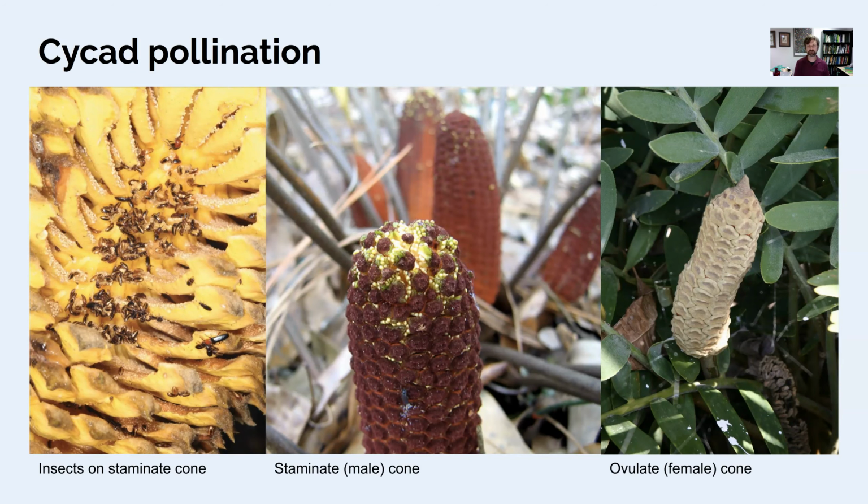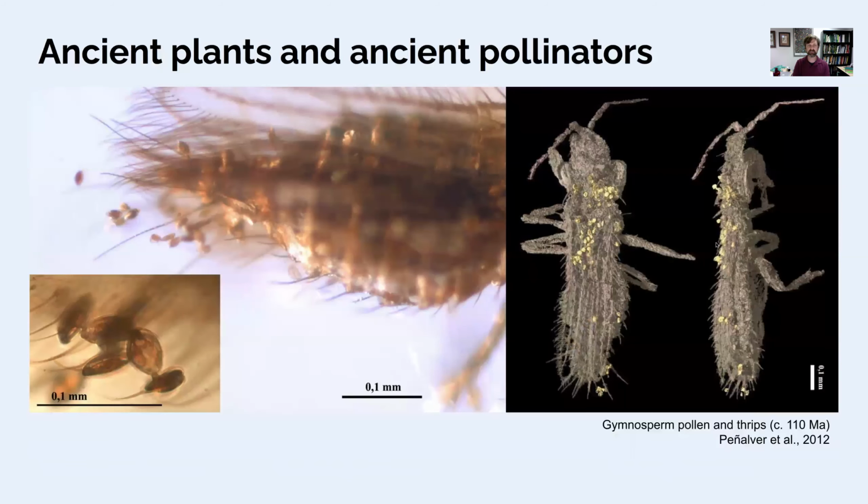Cycads, one of our groups of gymnosperms, have cones with pollen and cones with ovules. So this is a male cone, this is a female cone. This is similar to what happens in our conifers around here. And I mentioned this one because it's got an interesting connection to insect pollination. So pollination we usually think of as being the domain of the flowering plants, but it turns out that there are insects involved in transferring pollen in the gymnosperms, and some of this goes way back.